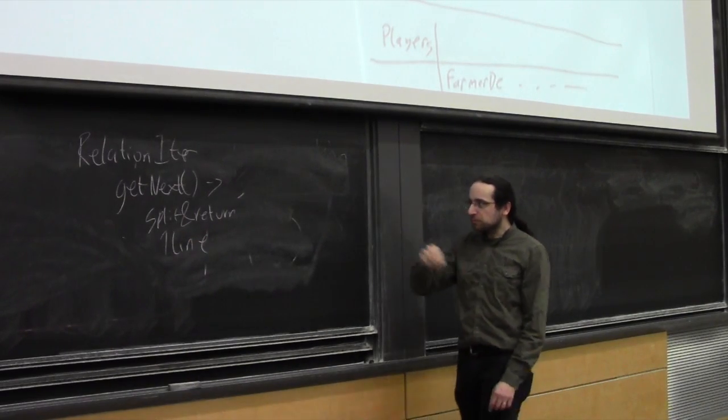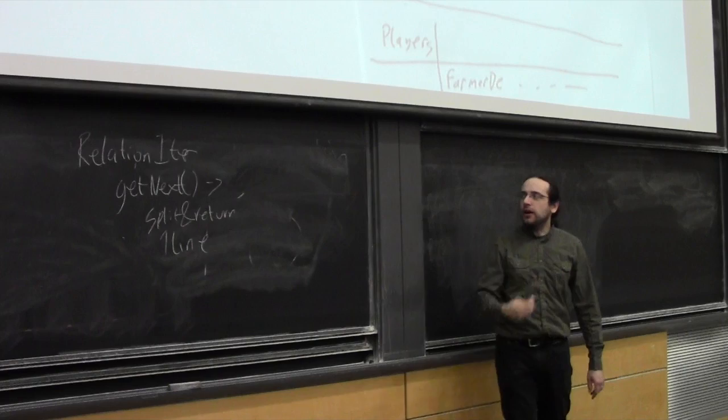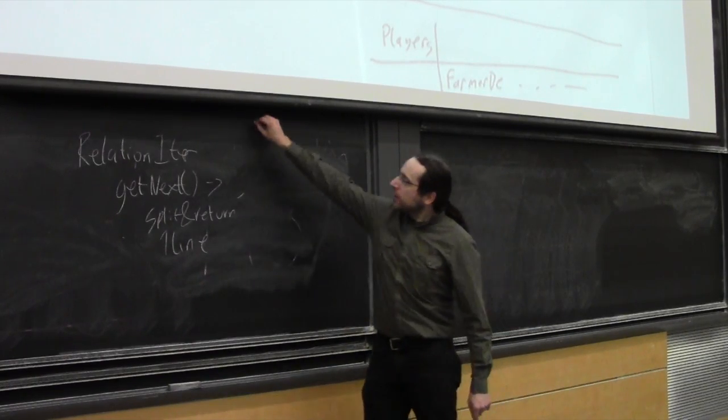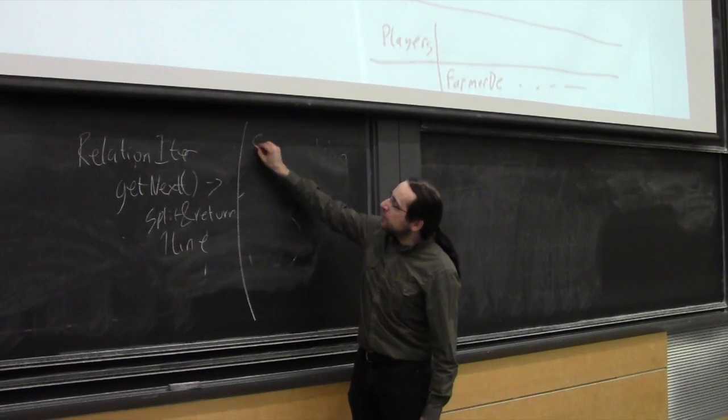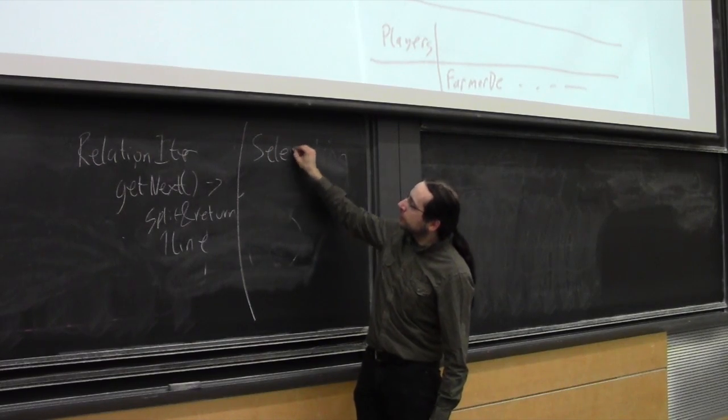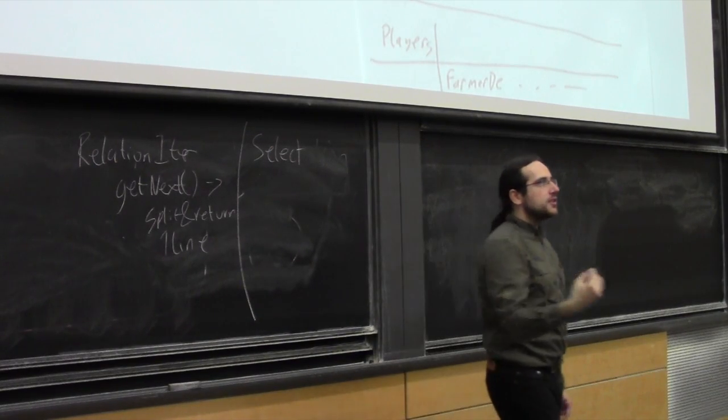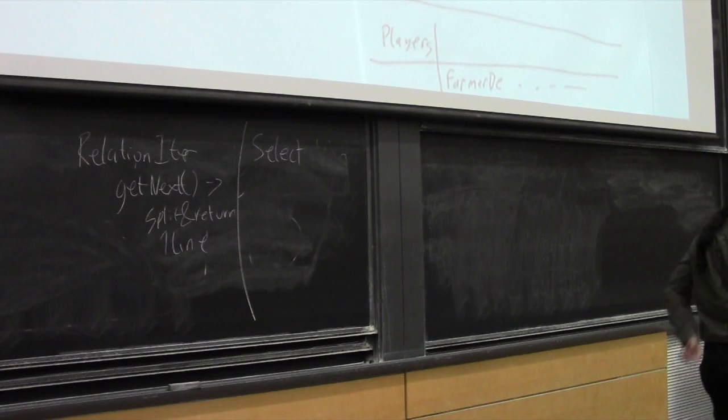The relation iterator splits and returns one line of my CSV file. How can we define something similar for selection? Or what would selection need to do? Yeah? Get next, compare and decide whether to return or not.